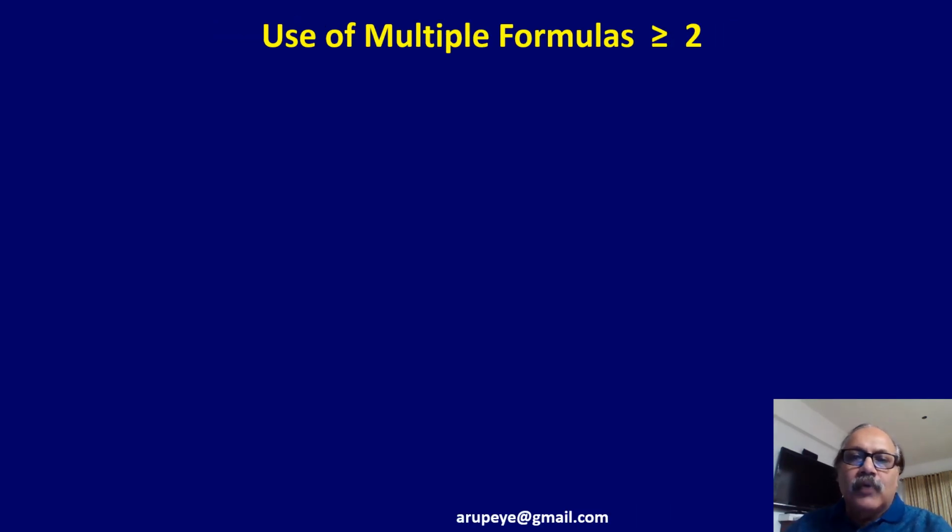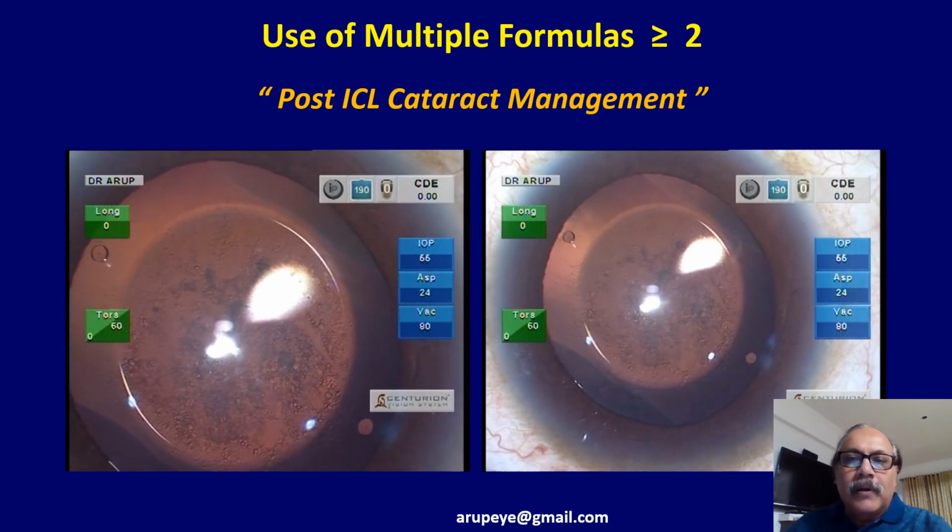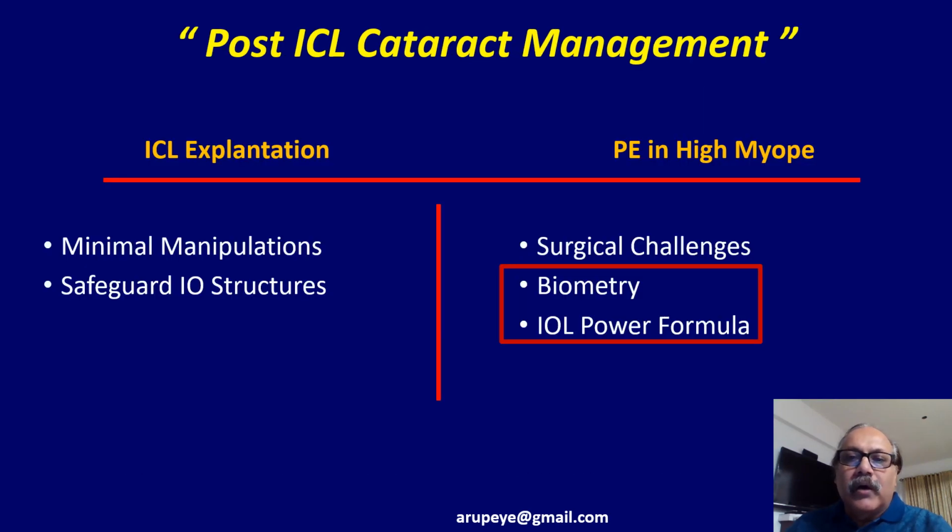I mentioned at the outset that I use multiple formulas. Let me give an example. This is a post-ICL cataract in a patient with high myopia. So biometry and IOL power calculations are a little tricky in patients with very long axial length. I'm not going into the details, which is beyond the scope of this discussion.